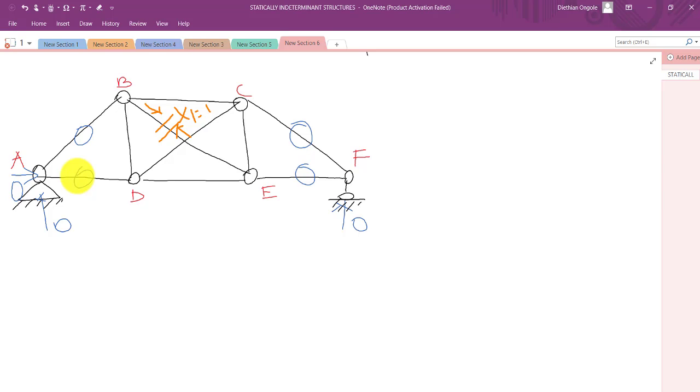Then after doing that, we are only left with this inner square here, of which we need to find the internal forces.